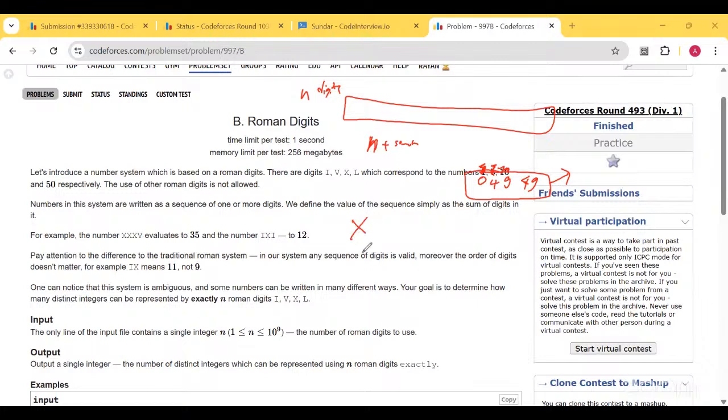A value x is valid, or can be represented by exactly n Roman digits, if it can be represented by 4 times a plus 9 times b plus 49 times c, and a plus b plus c should not be greater than n. Is it correct? Of course, a, b, c should be non-negative.